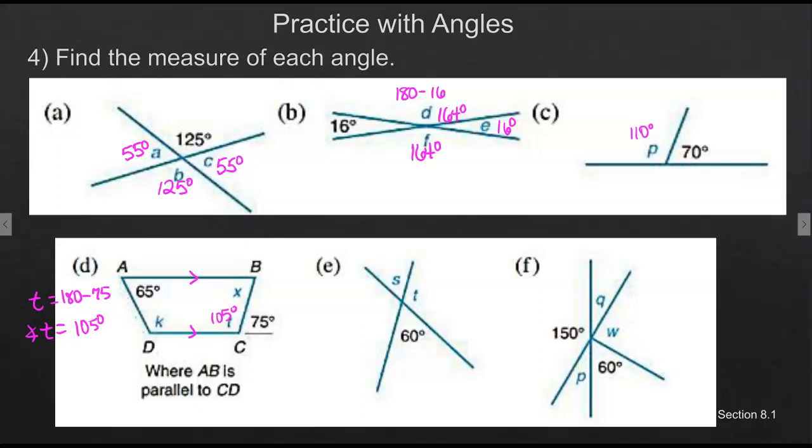And then we can look at some of these other ones. So this would be like a transversal through my parallel lines right here. So that means that 65 plus K would have to equal 180. So angle K would be 180 minus 65, which is 115 degrees.